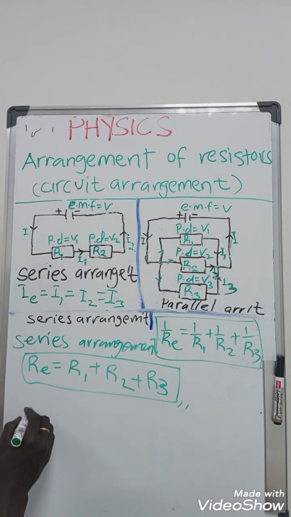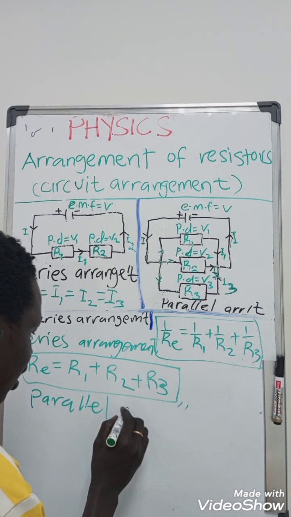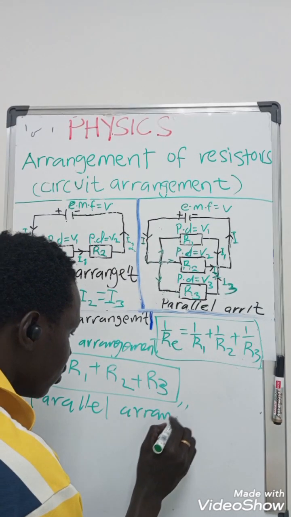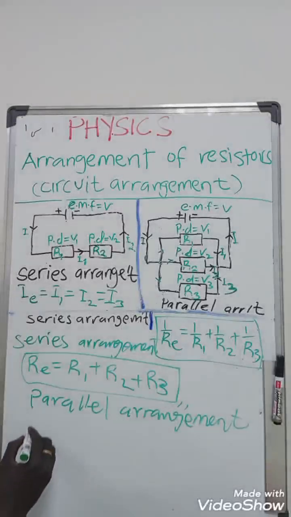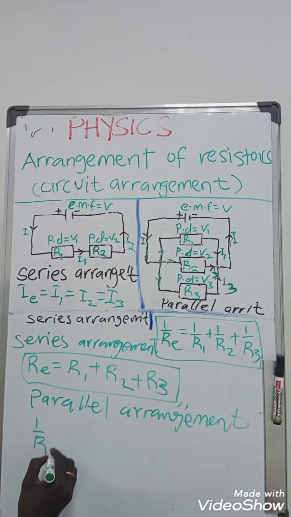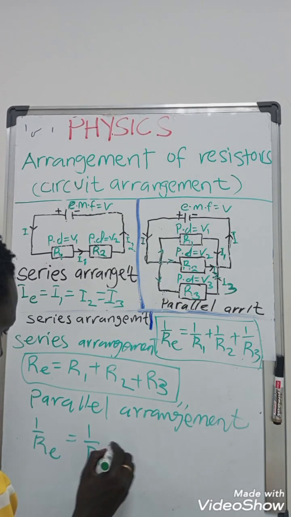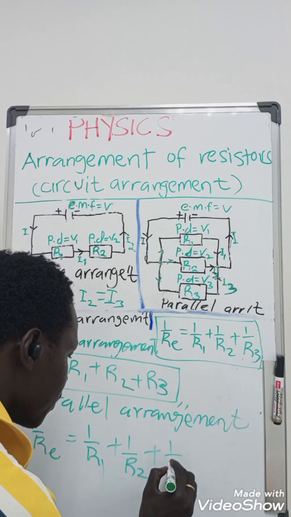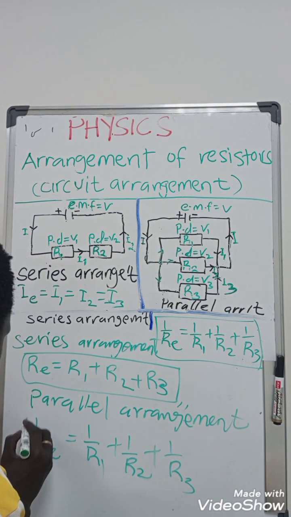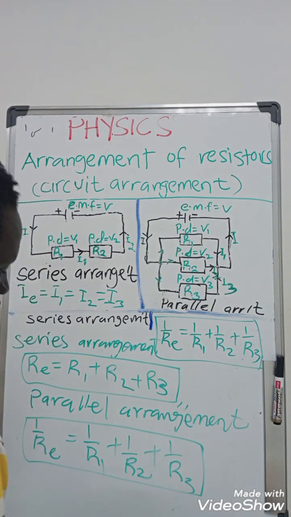The second equation is for parallel arrangement. We have 1 out of R_E is equal to 1 out of R1 plus 1 out of R2 plus 1 out of R3.